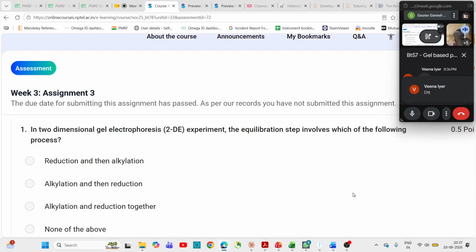And what alkylating agent do we use? And what does alkylation do? What do they do exactly? And why do we need to do that equilibration step? You can unmute and answer as well, like if not typing.